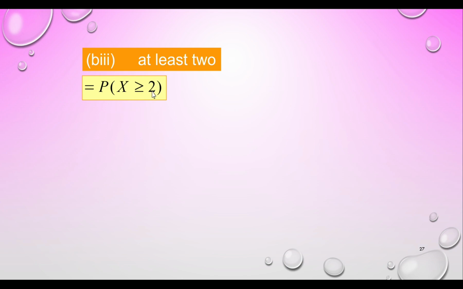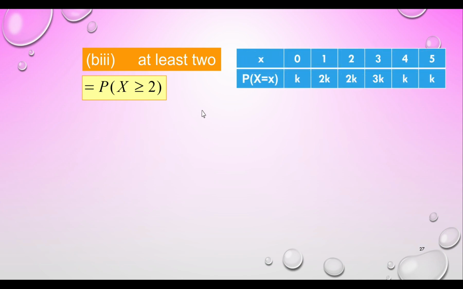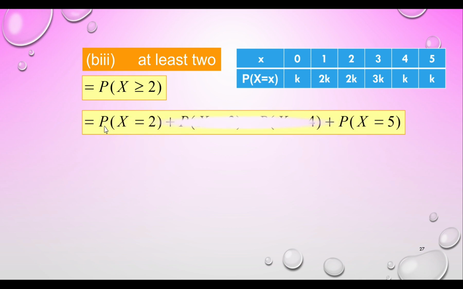So, we start from x equal 2. And the probability of x more than or equal to 2 is the probability of x equal 2 plus the probability of x equal 3 plus the probability of x equal 4 plus the probability of x equal 5.